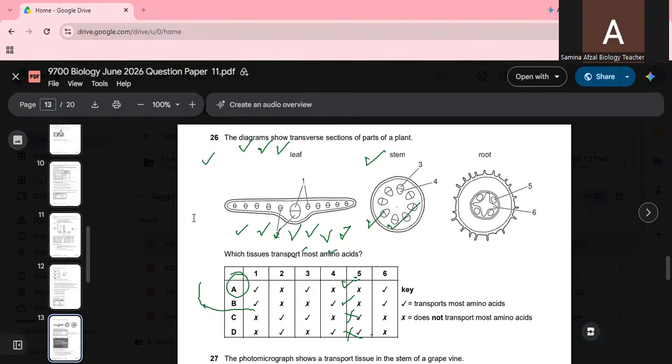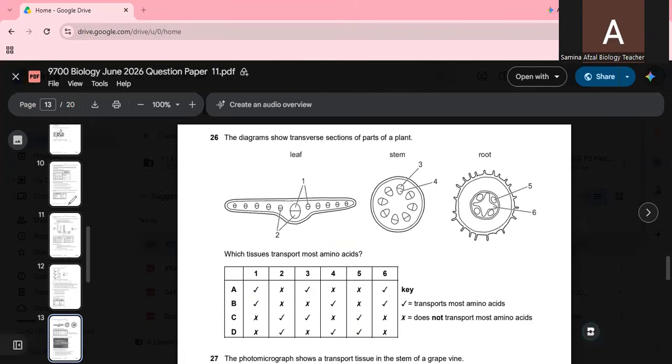Now question number 26 is there. The diagram shows transverse sections of the parts of a plant. Here you can see which tissues transport most amino acids. So you know amino acids, like sugars, are transported through the phloem via translocation.